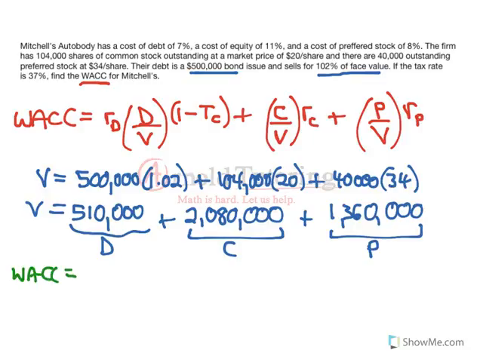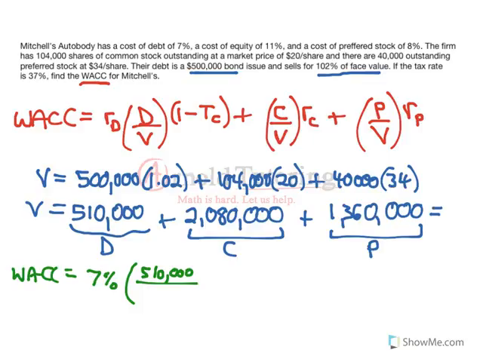Okay, so the return on debt, or the cost of debt, is 7%. Now, I'm going to write it as a percentage right now, but we're always going to actually punch it in our calculator as 0.07. Always the percentages will be in terms of decimals. The debt is 510,000 over the total value, which is this stuff all added up. I forgot to do that.